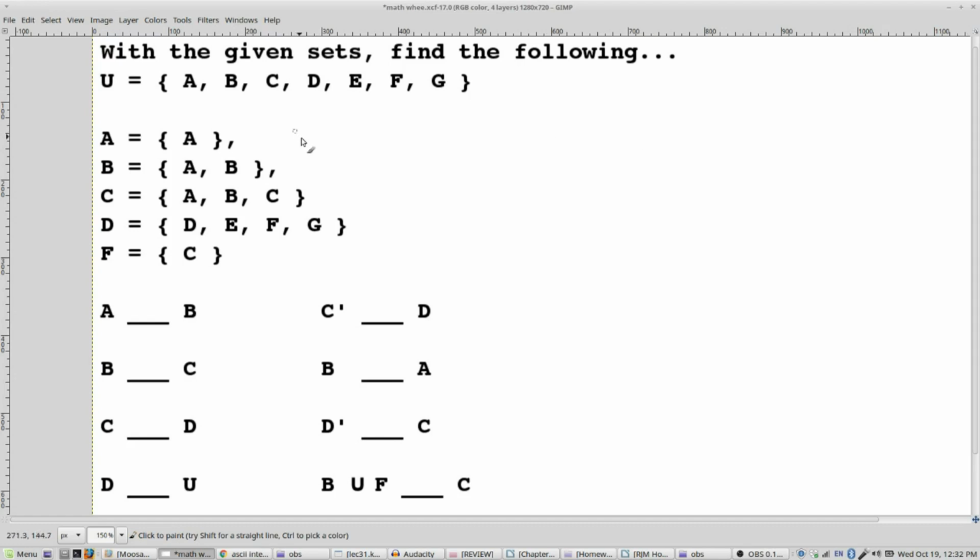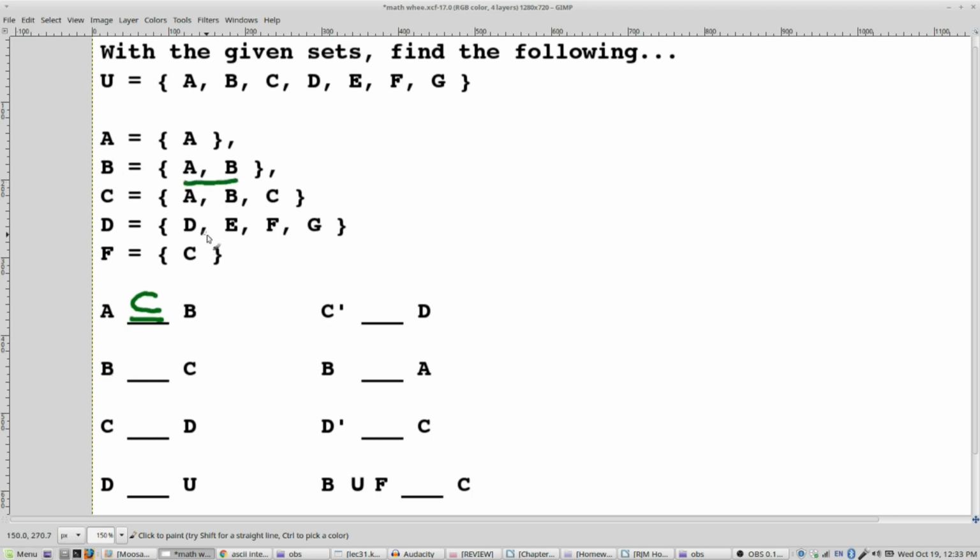Alright, let's look at some subsets. We have the same universe, but now we have a different set of sets. So is A a subset of B, or is it not a subset of B? Well, all of the elements of A are in B, so we will use this symbol to be the subset of B. Is B a subset of C?